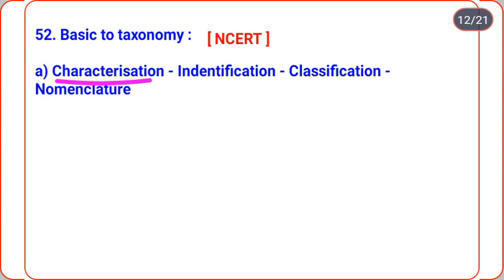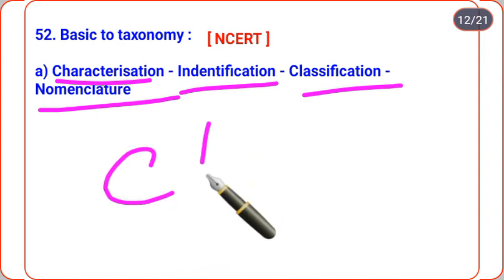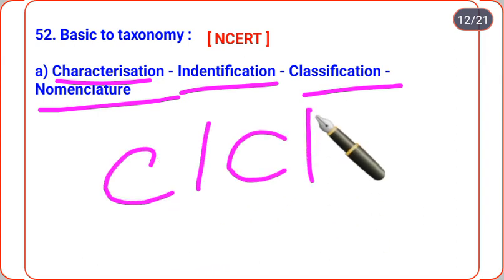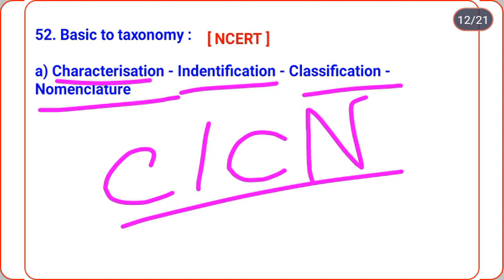Next, identification, classification and nomenclature. In abbreviation we can say CICN. CICN means C for characterization, I for identification, C for classification and N for nomenclature.